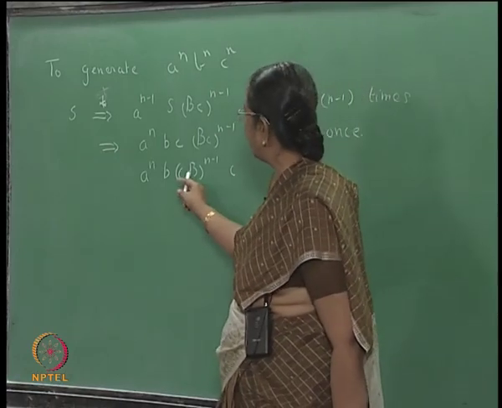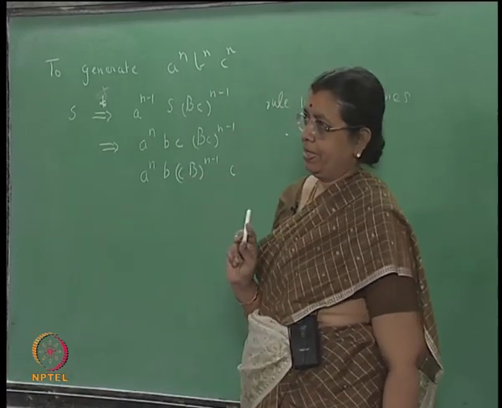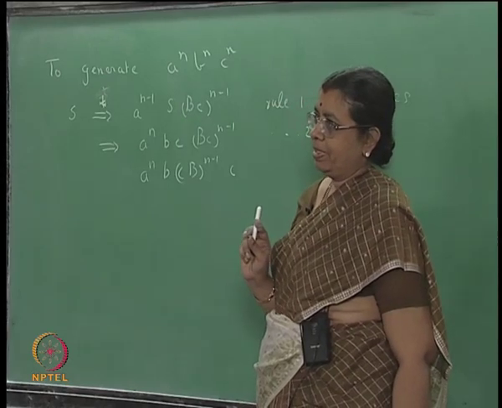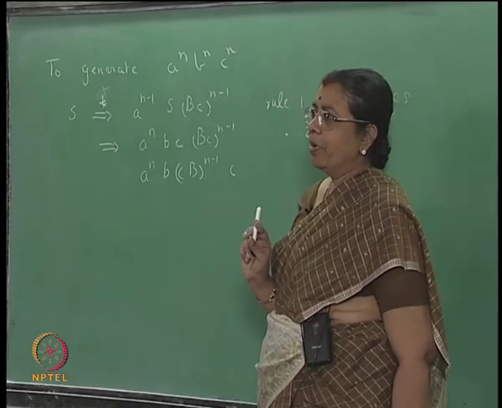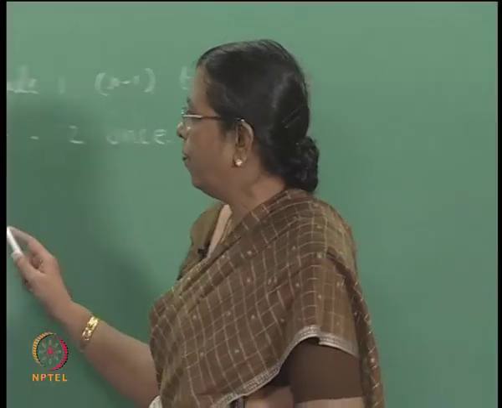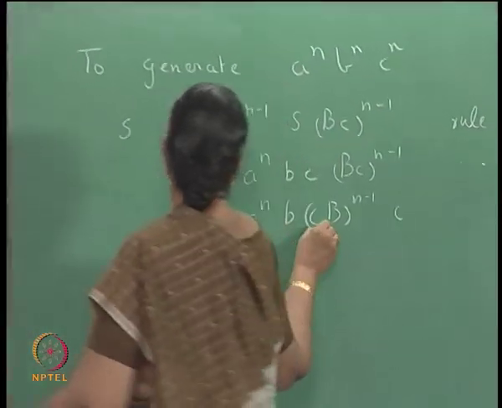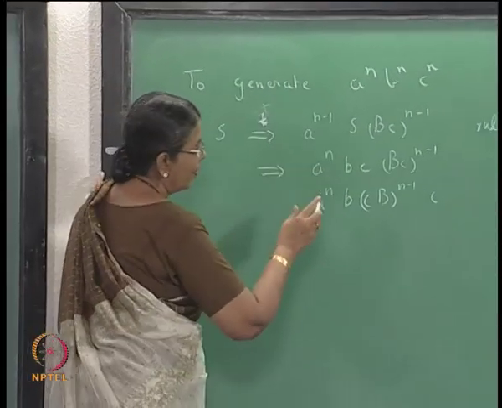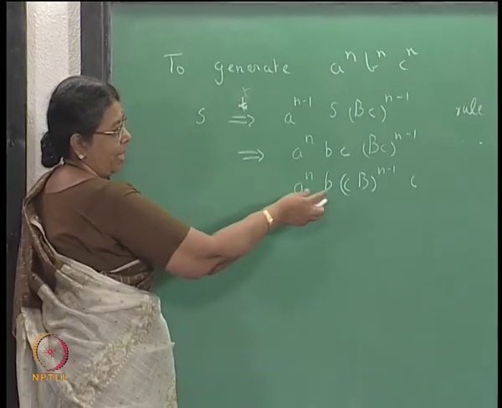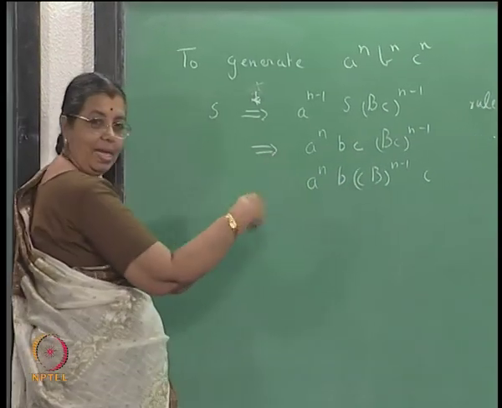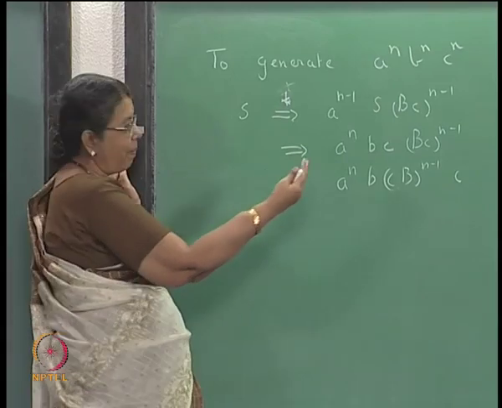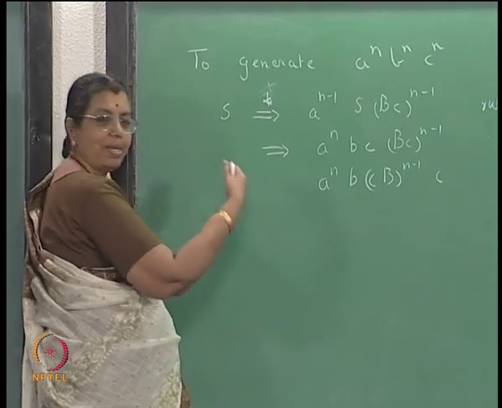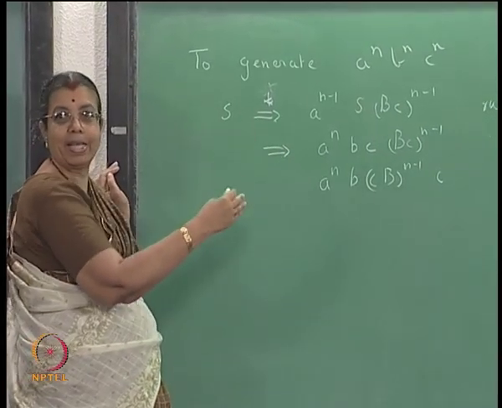There are n minus 1 CBs. You can apply the rule n minus 1 times to this, but then at the end one capital B will come here, but then you will again have n minus 2 CBs.